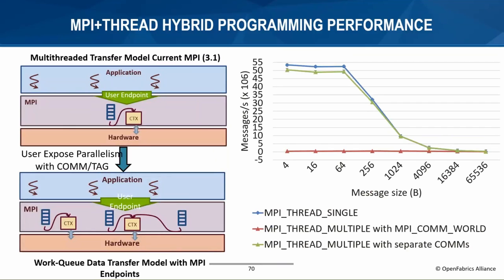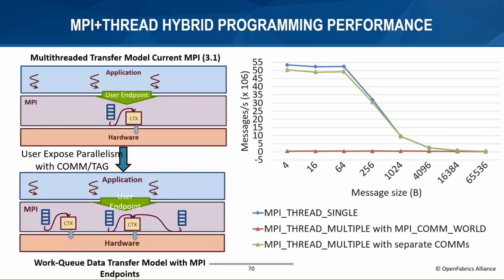It's still one endpoint, but if the threads use different communicators for messaging, then, looking at the figure on the right-hand side, we're able to get performance that is close to MPI single-threaded, which is the blue line. If you look at the blue and green lines, these are the single-threaded version and the multi-threaded version with separate communicators. As you can see, the performance is very close.